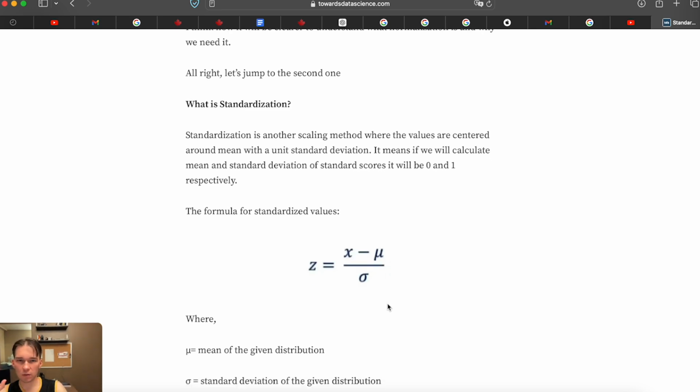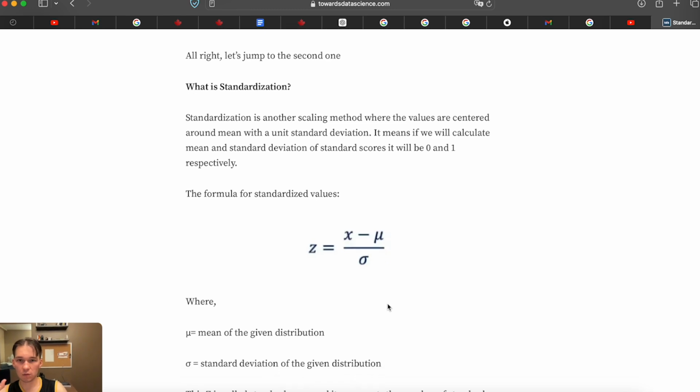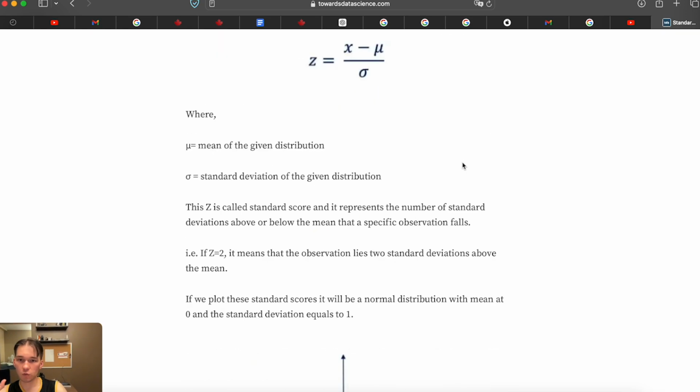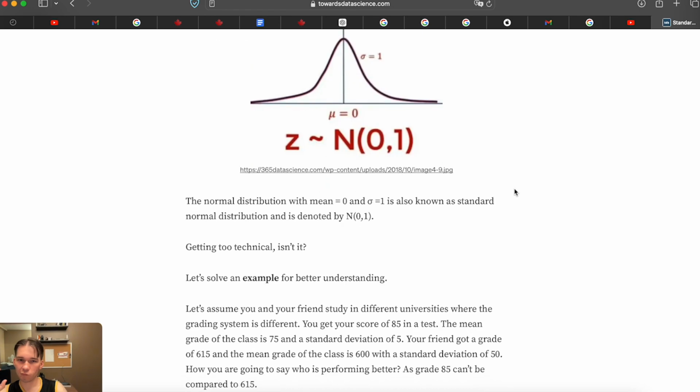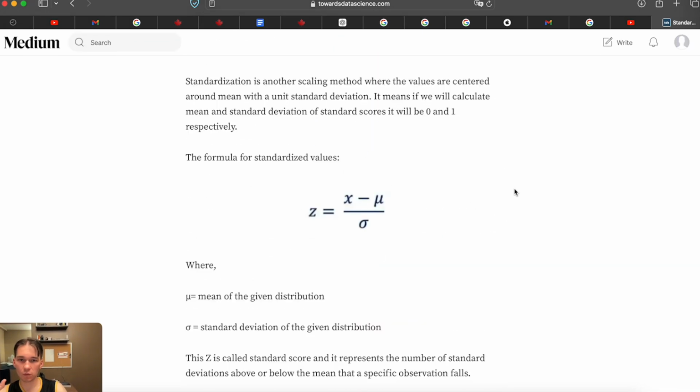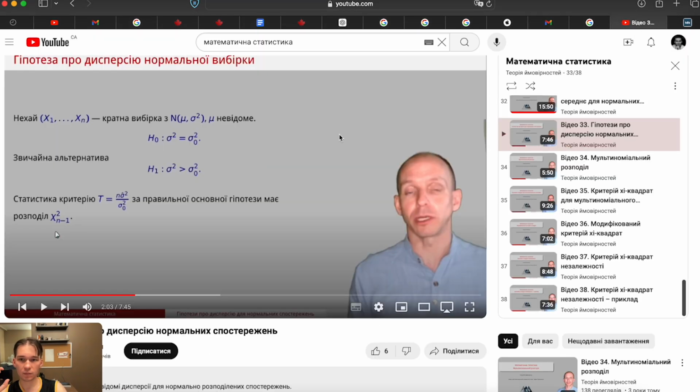Standardization is another scaling method where the value is centered around the mean with unit standard deviation. This means if you calculate the mean and standard deviation, they will be 0 and 1 respectively. So we transform, yeah, this is what we do. We just transform our x minus mu divided by sigma to a standard normal distribution, and then we get chi squared. Works.